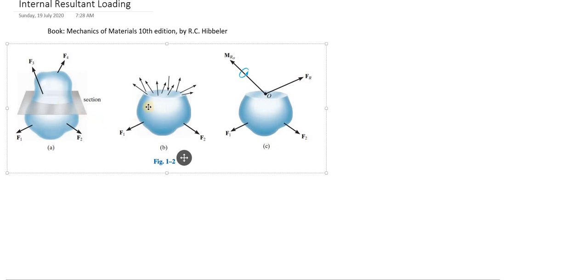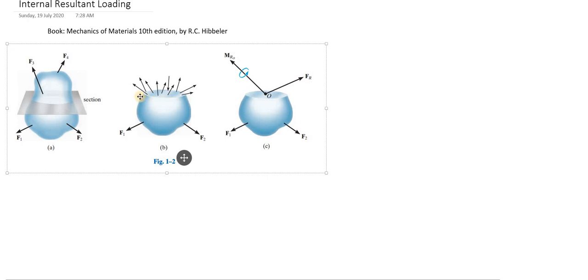So let's draw the free body diagram for the lower segment. First you will show these external forces acting, F1, F2 as they are. You will draw the body, show the external forces, and then here we will be showing the internal loadings.